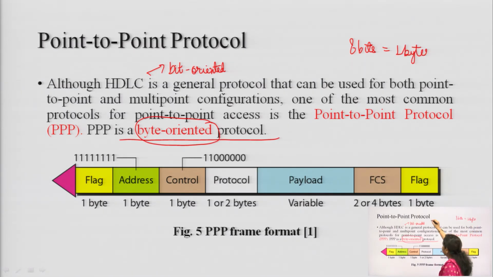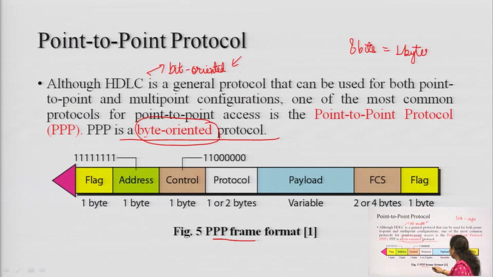So, the number of bits transmitted in this case will be higher if you are seeing it from the bit point of view. So, that is known as a byte oriented protocol. Point to point protocol is basically a byte oriented protocol.